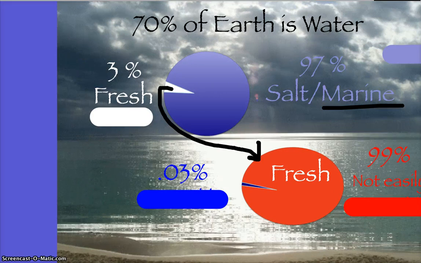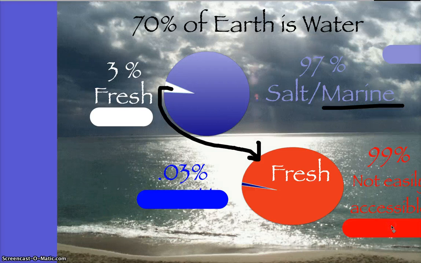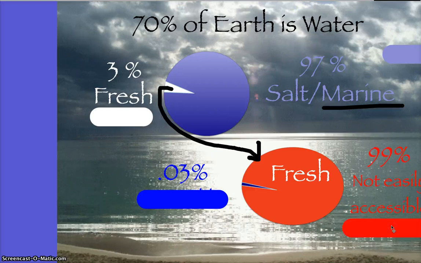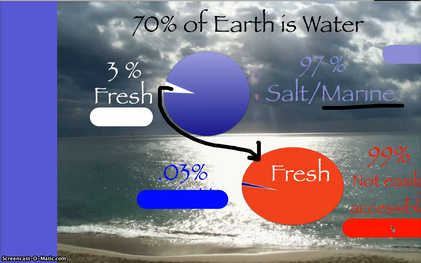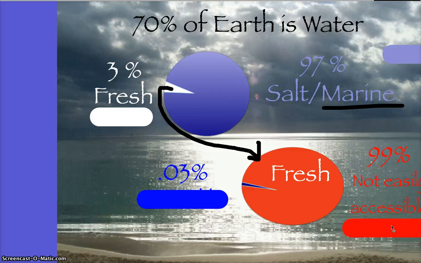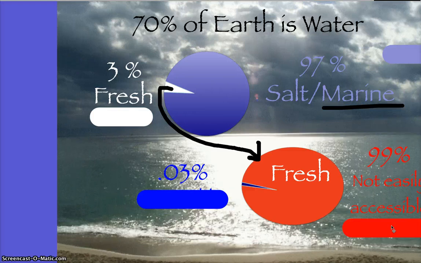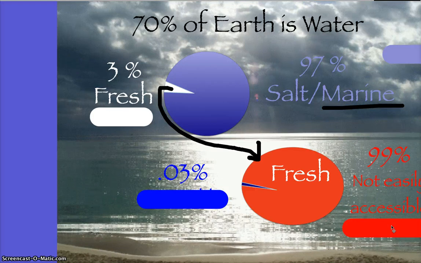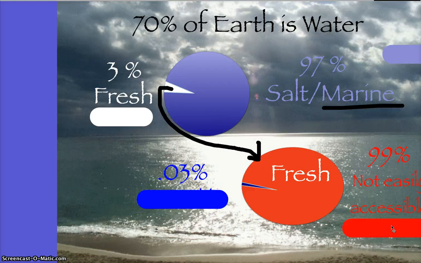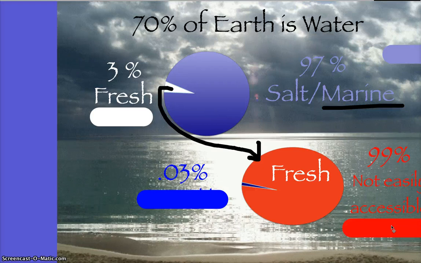99% of our fresh water, believe it or not, is very, very hard to attain. They have put it in books as unusable. I wouldn't call it unusable. I would say it's so hard to get to and so expensive to get to, and some is impossible to get to, that they made it its own category.